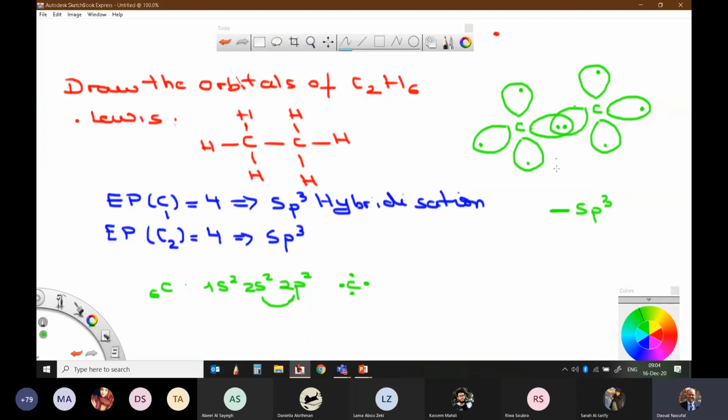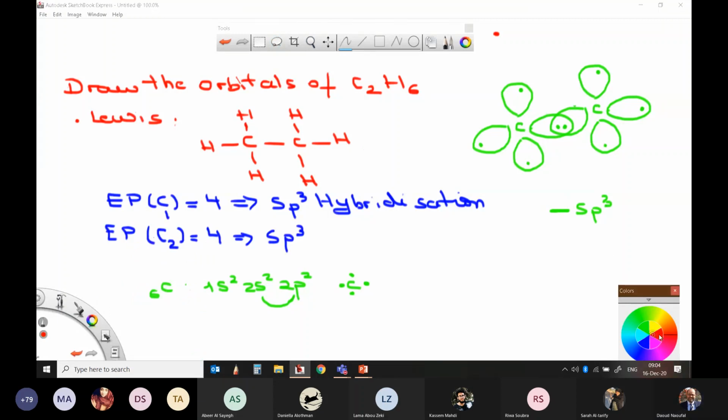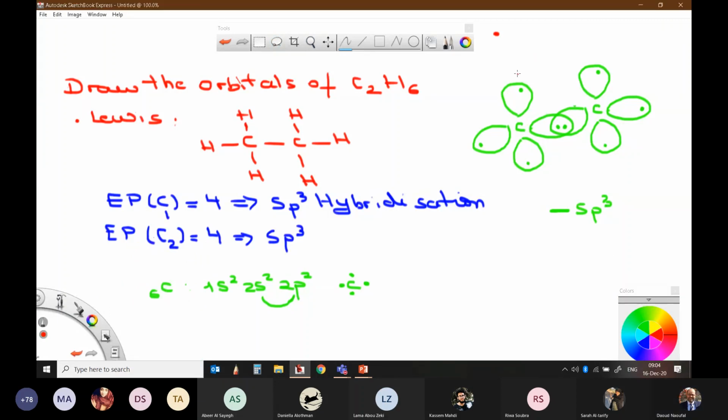The hydrogen has orbital s with one single electron. So this is the first hydrogen, one single. This is the second, one single, the third. And from the other side, we have also 3 hydrogen: the first, the second, and the third.